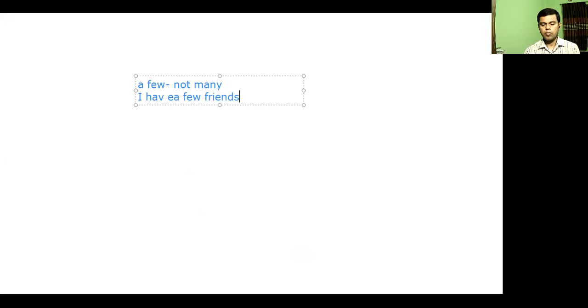This is an affirmative sentence. To make it negative, I will replace this "a few" with "not many." So in negative, it will be: I have not many friends. Have you got it? This is very simple.